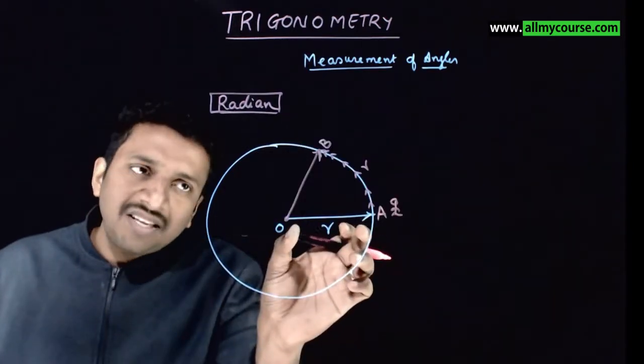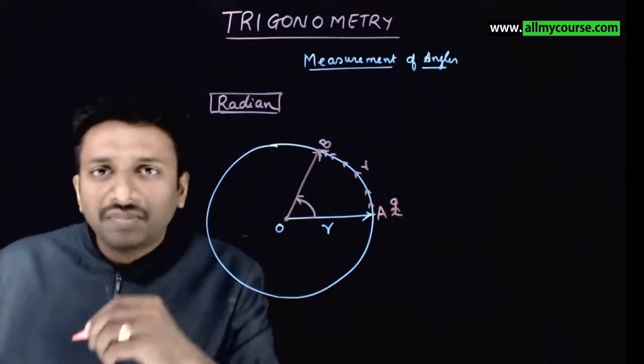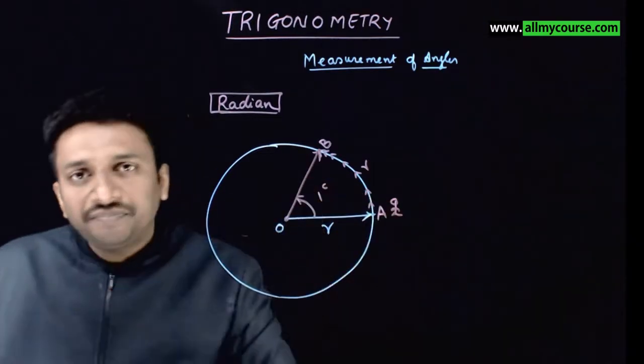If I consider this as the initial ray and this as the final ray, whatever this angle is, this is called 1 radian.